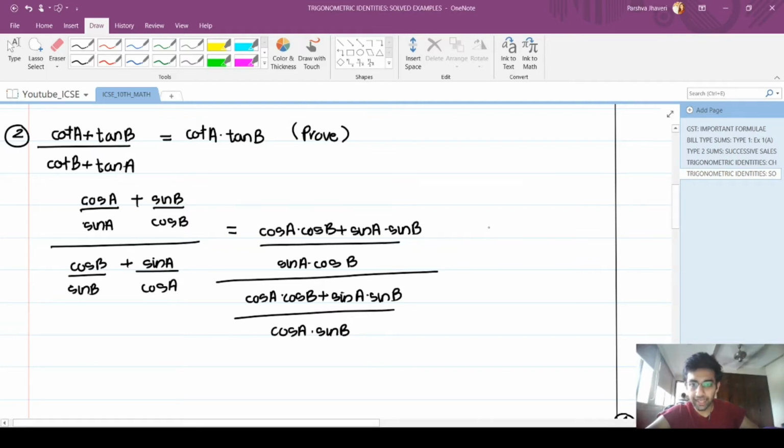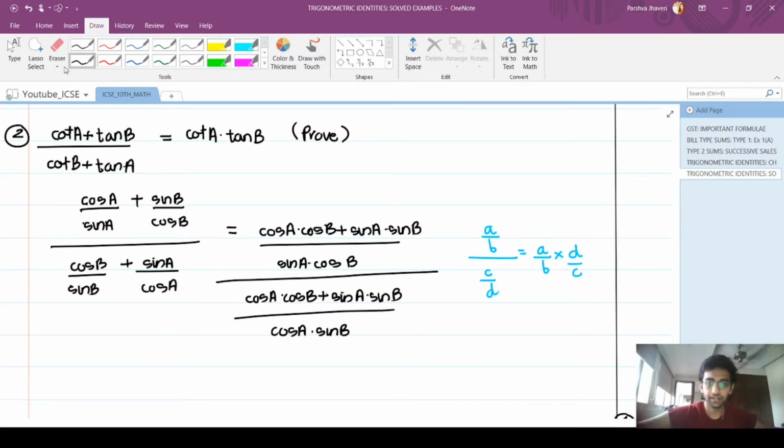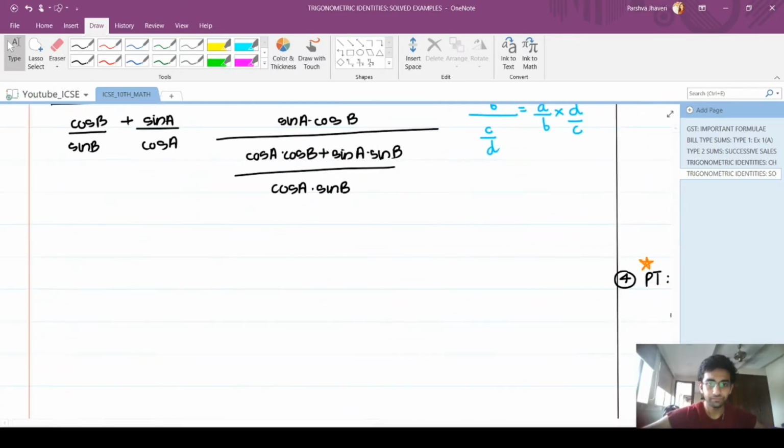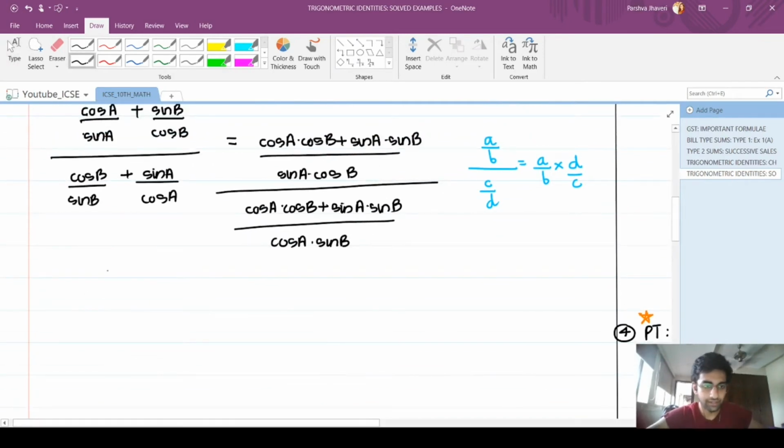Now remember this form: A upon B upon C upon D is nothing but A upon B into D upon C, the denominator's reciprocal. Once I do that, if we are doing it stepwise, this is what I'll get. Let me write it over here.